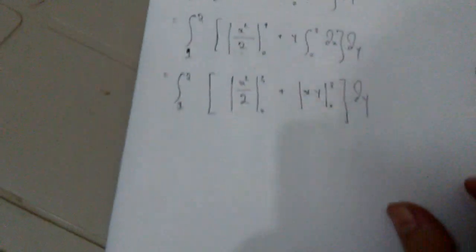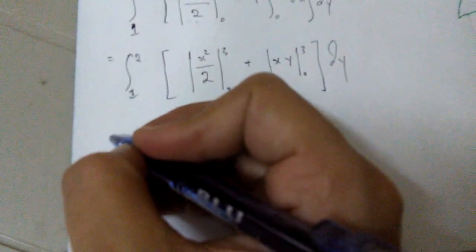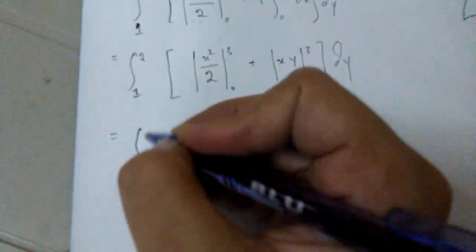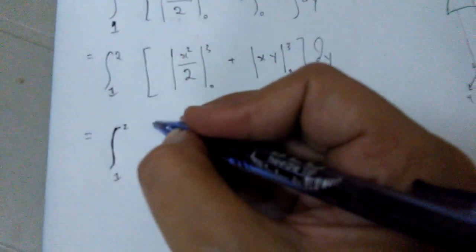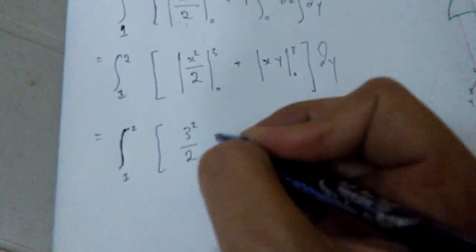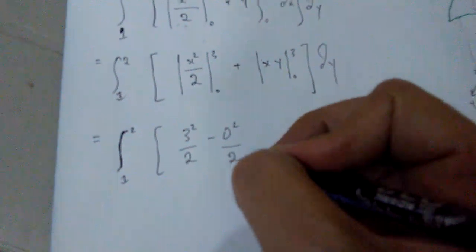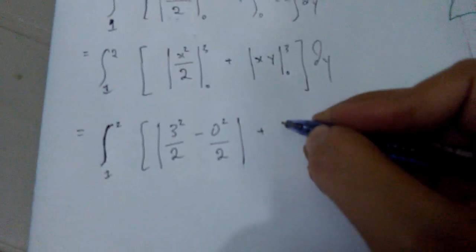Now let us apply the limits 0 and 3 in these two functions that we have just obtained. It's going to be 3 square upon 2 minus 0 square upon 2. You always apply your upper limit first.